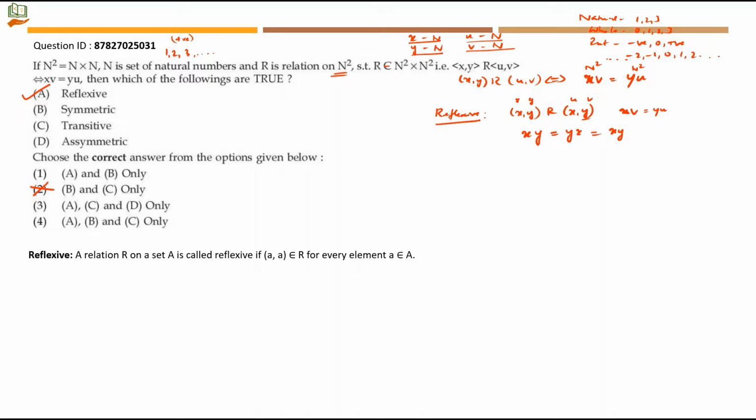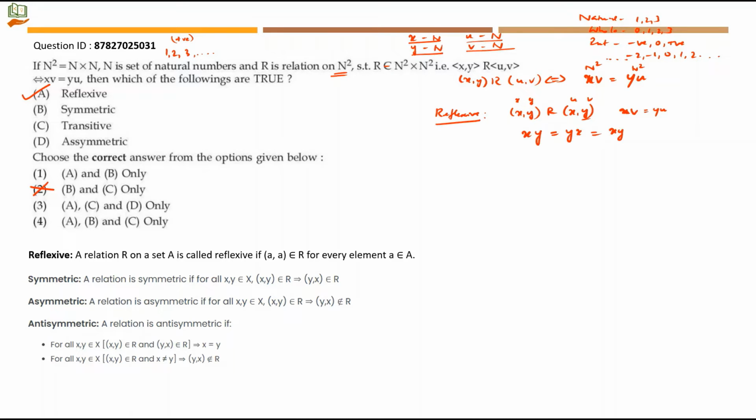Now we have to check for the symmetric property. When we check for the symmetric property, we will also see about asymmetric and antisymmetric. So a relation is symmetric if for all x comma y that belongs to R, y comma x also belongs to R. So this is the condition of symmetry. When it is asymmetric, it means that y comma x will not belong to R. So the exact opposite of symmetric will be asymmetric.